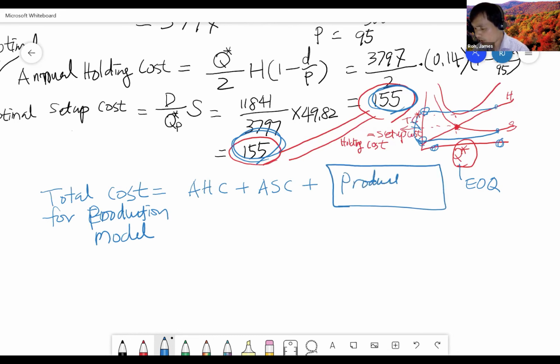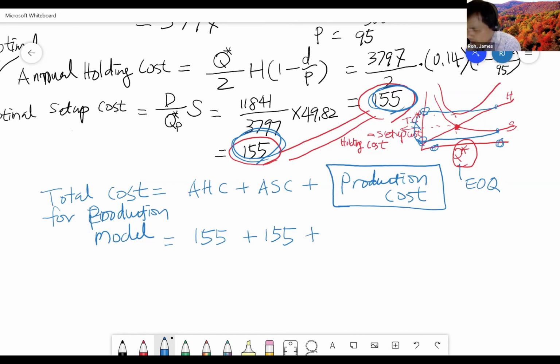So we have to add production cost over there. We know annual holding cost is 155 and annual setup cost is 155. Plus production cost.